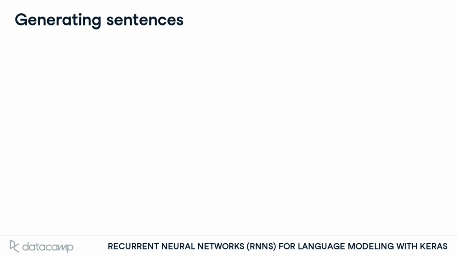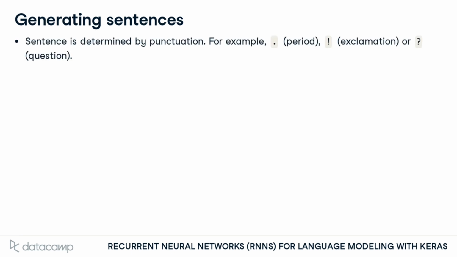To generate sentences, we need first to define what is a sentence so that we can create rules to generate them. One definition is to use punctuation to determine when the sentence ends. For example, we can use period, exclamation, or question marks.